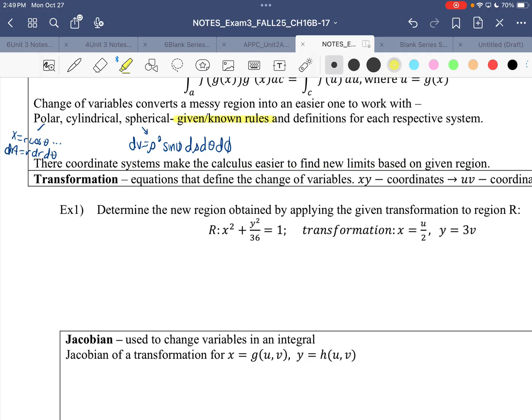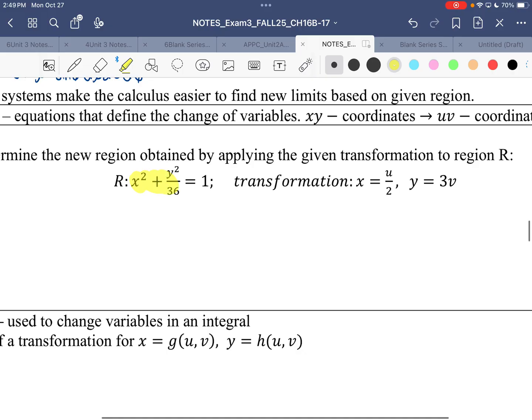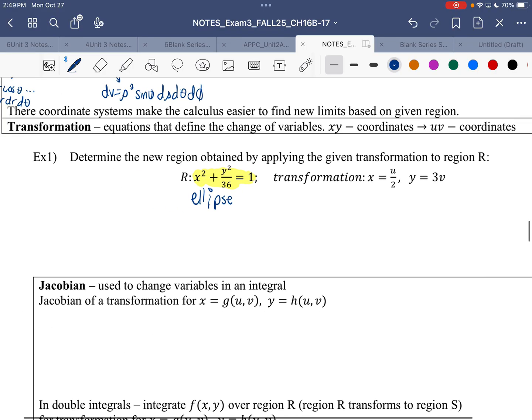Let's look at example 1, the new region obtained by the transformation. So if our region R is x squared plus y squared over 36 equals 1, what shape is R? An ellipse. So R was an ellipse, a vertical ellipse whose major axis is 6 in the y direction, minor axis 1.